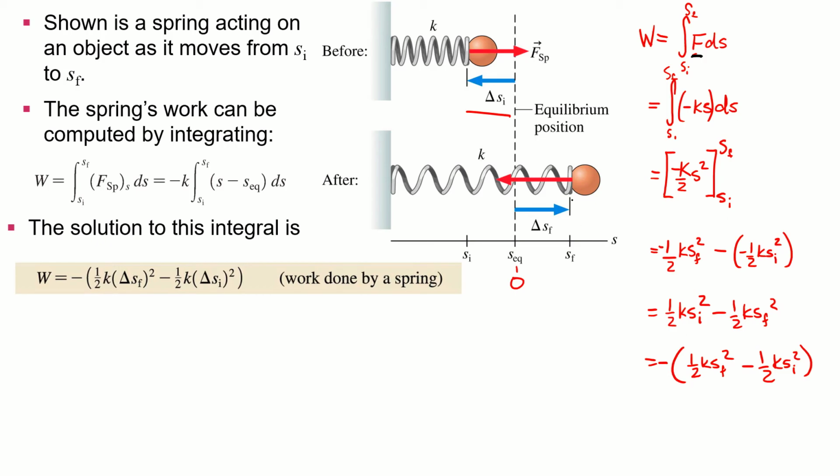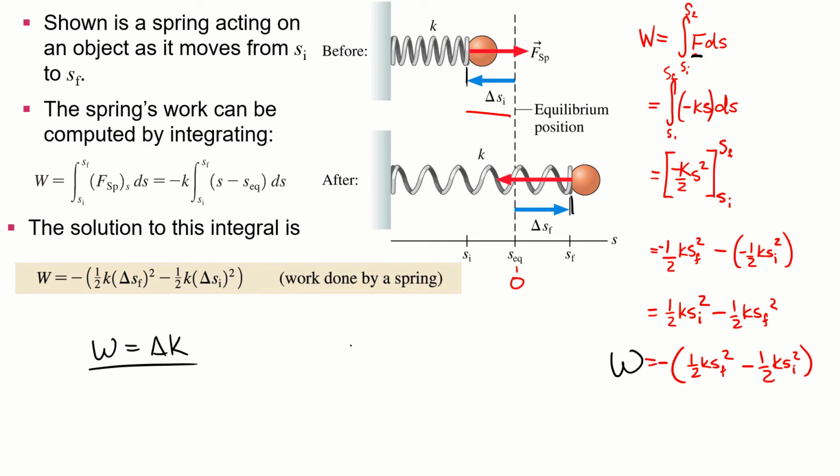Because we know the functional form of this force, we can do this integral quite easily. Then all we need to know is the initial and final positions of that spring that's been compressed, and we can figure out the work done by that spring. If we know the work, we can then use our work kinetic energy theorem to figure out the change in kinetic energy. And this is a much more straightforward way than using, say, Newton's second law in dynamics with a varying force to try and figure out a final speed or something.